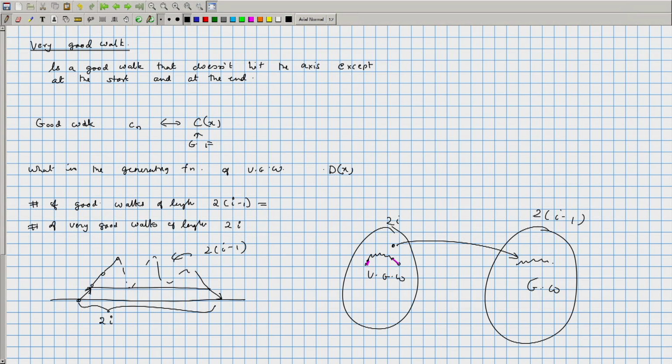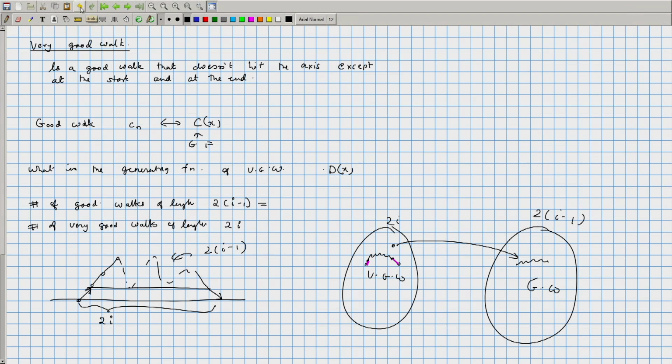If you take two distinct elements of the very good walks and strip them of their first and last elements, what you get will be distinct elements of the good walks. Further, if you take any good walk and add these first and last moves, you will get a very good walk. So, every element of GW can be generated from VGW, and every element of VGW gives rise to a unique GW, and therefore, these sets are in 1-to-1 correspondence.